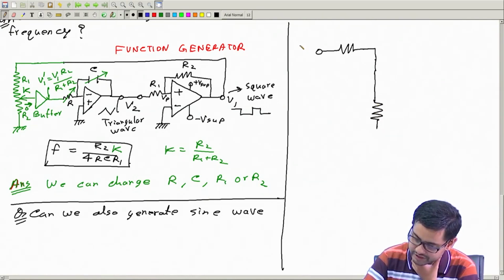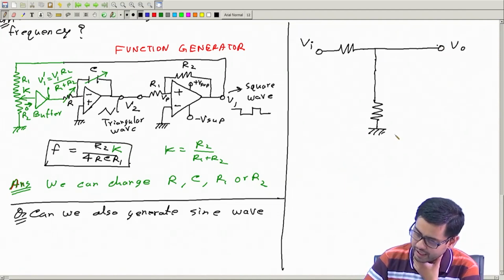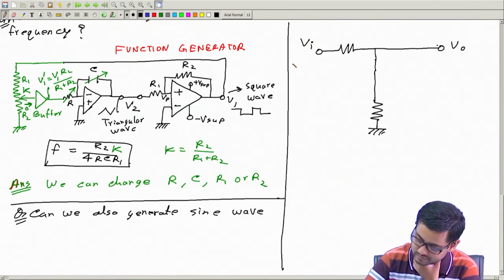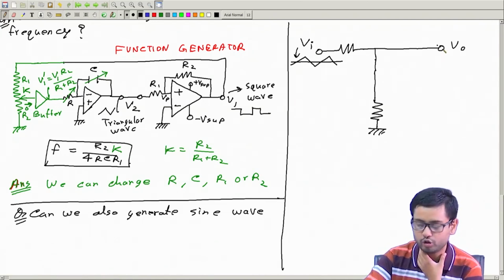Okay. So, this is say an input voltage Vi, and this is a potential divider, this is the output. And now if I have a triangular wave here, okay, Vi is a triangular wave, then how will this Vo output be?